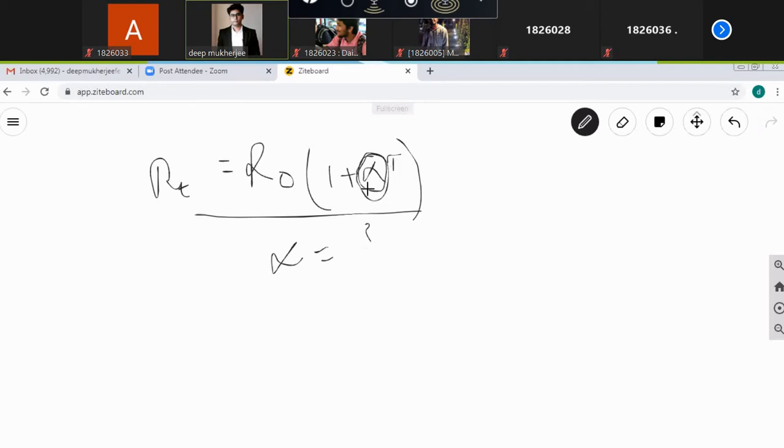Please calculate the value of alpha, the temperature coefficient, in your notebook.